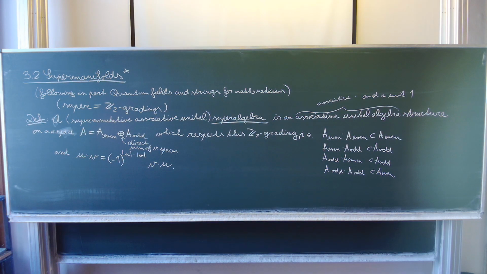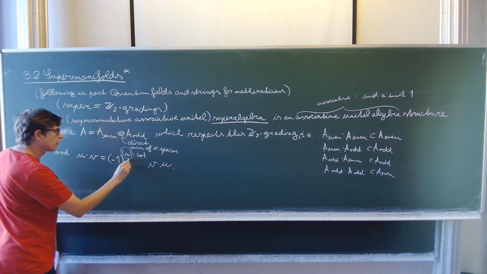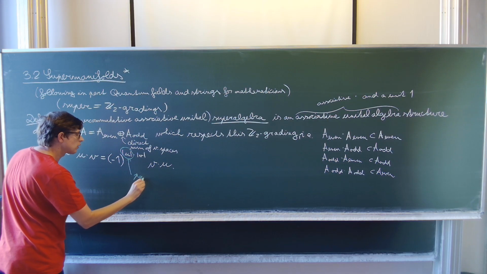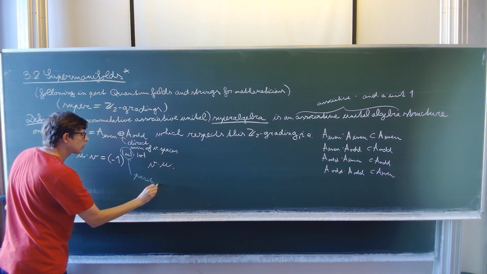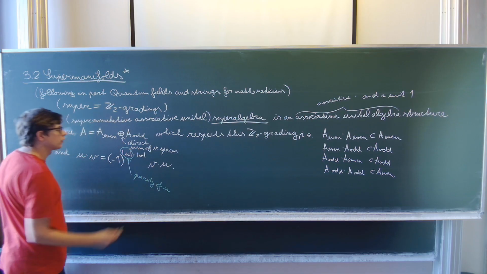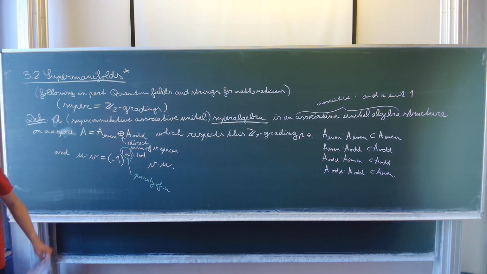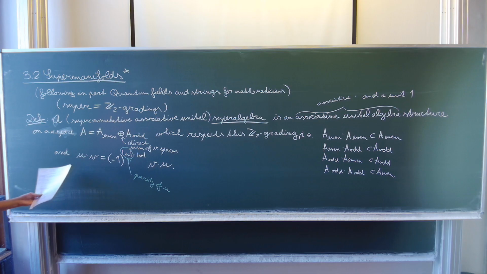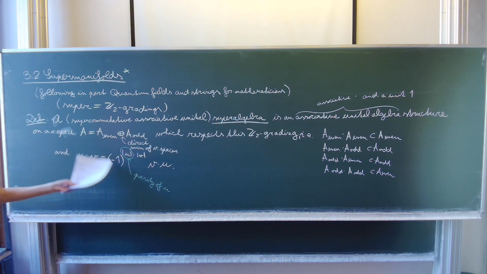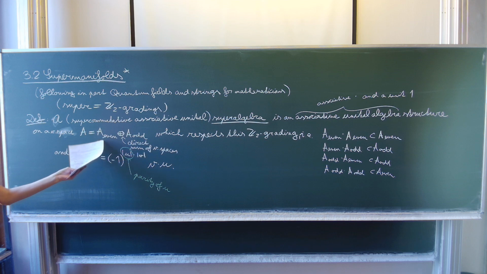This is the parity of u, so even or odd, an integer mod Z2, mod 2. In writing this, I'm assuming that u and v have a fixed parity, so u and v are either in the even part or the odd part.